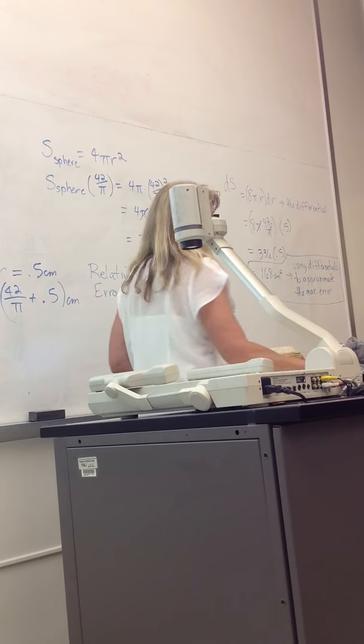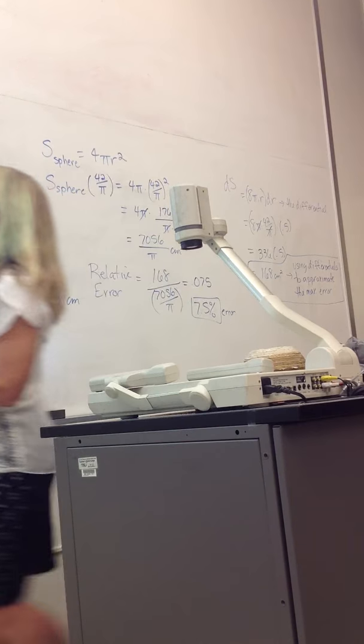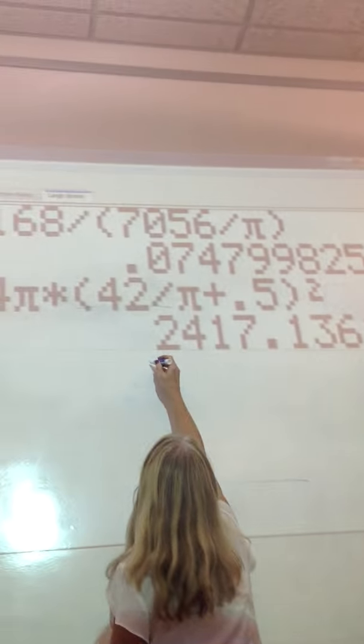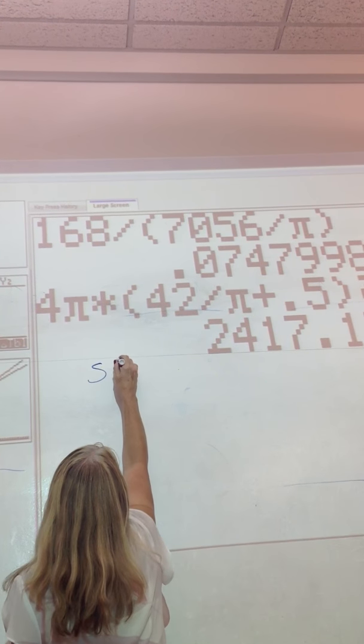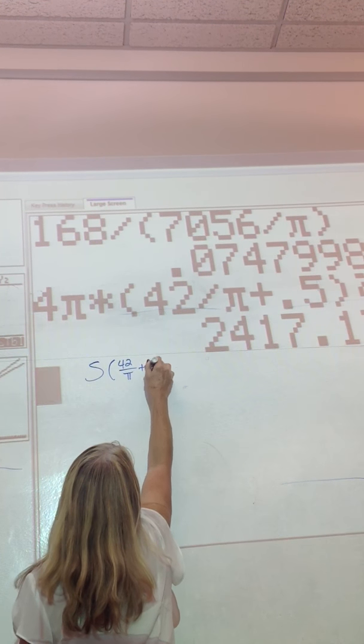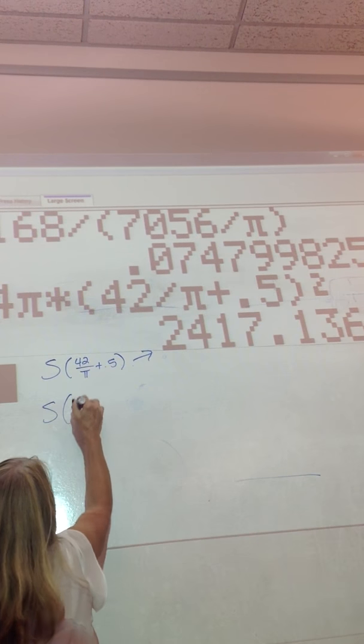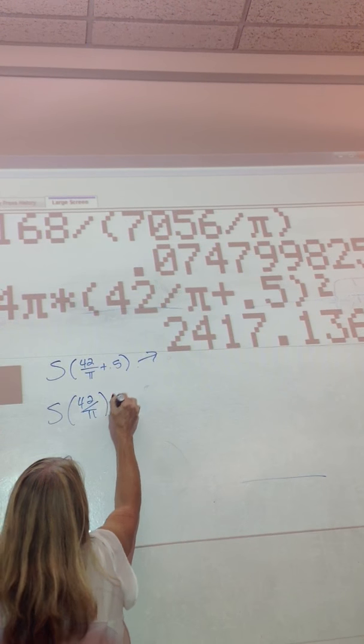At the higher radius, this is my surface area. So this is the surface area of the sphere at 42 over pi plus 0.5.